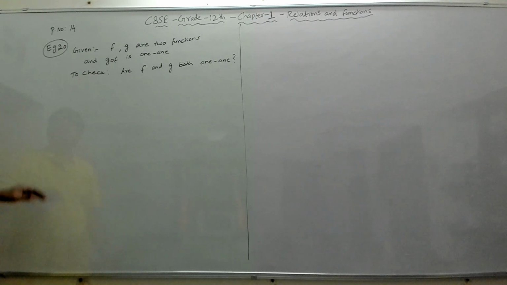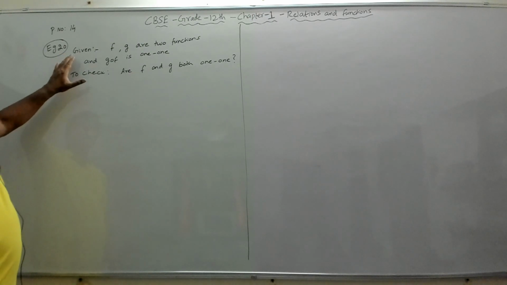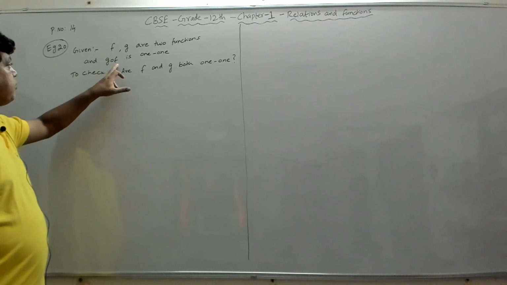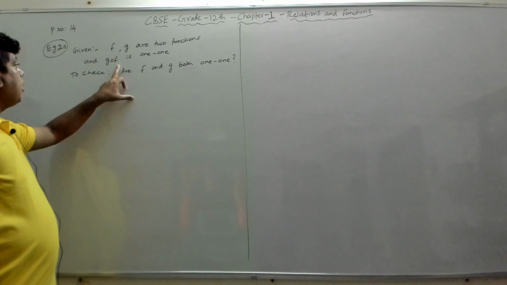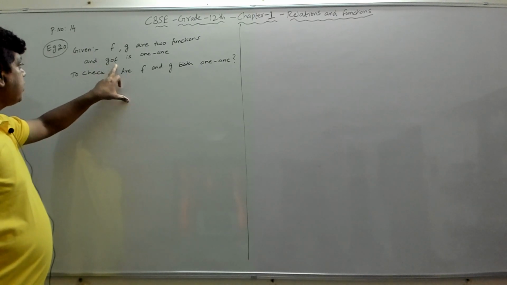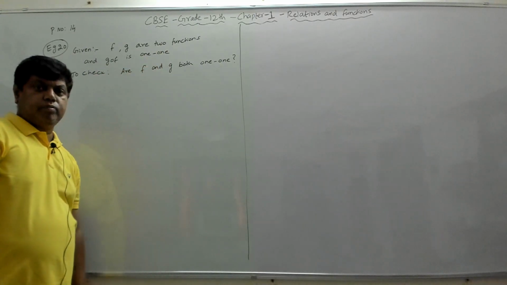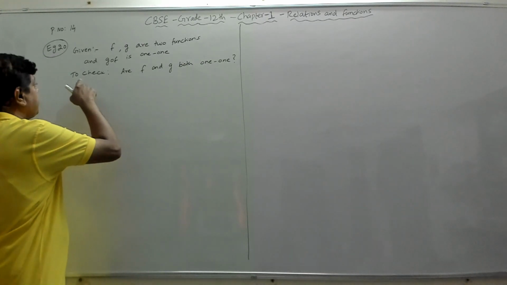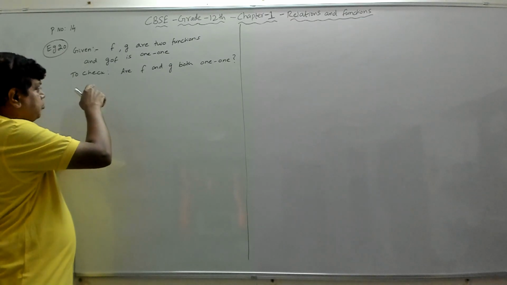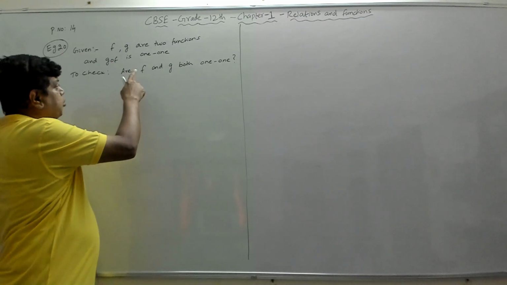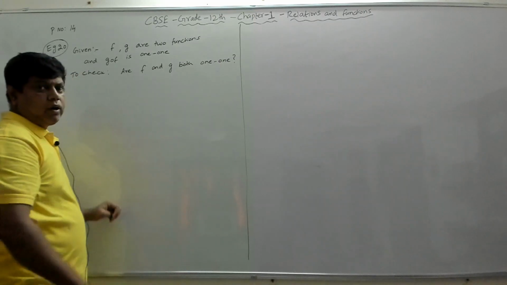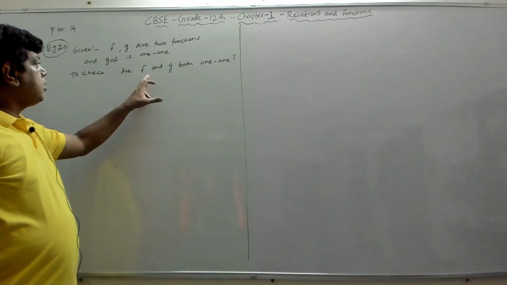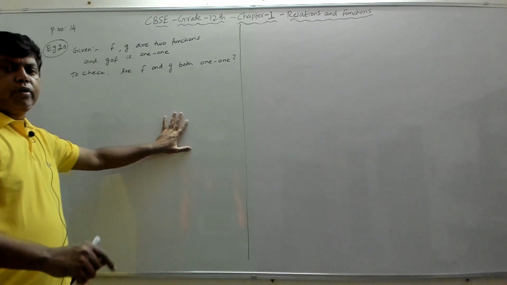What is given in example 20 is: f and g are two functions, and g of f, the composition of f and g, is a one-to-one function. If g of f is one-to-one, we have to check whether both f and g are also one-to-one or not.